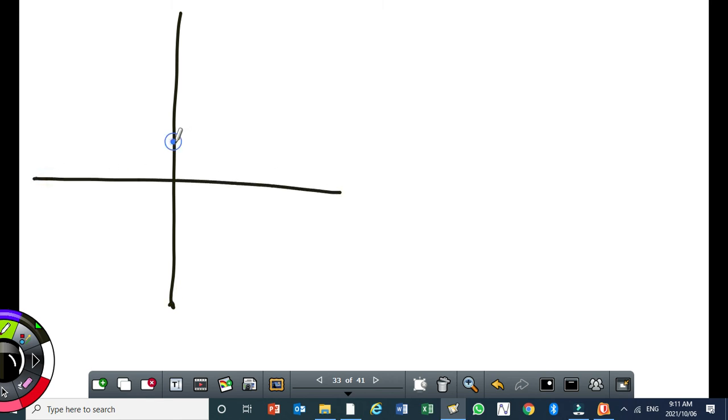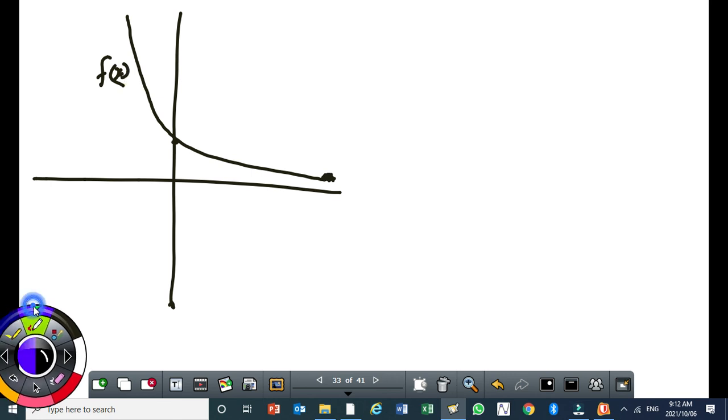f will look like this. They are going to be decreasing functions, both of them. So f will look like this. Okay? So this will be f. Then g, or rather the inverse, it will look like this.